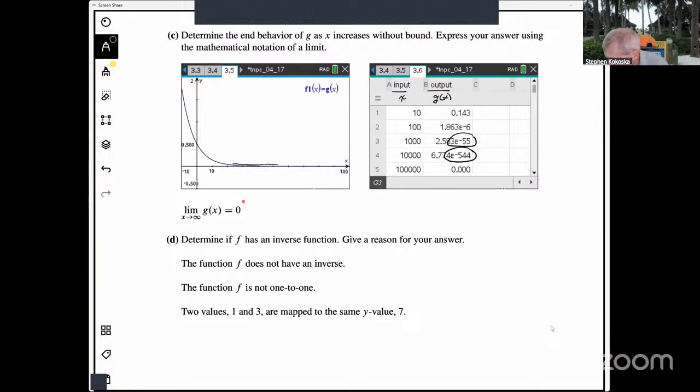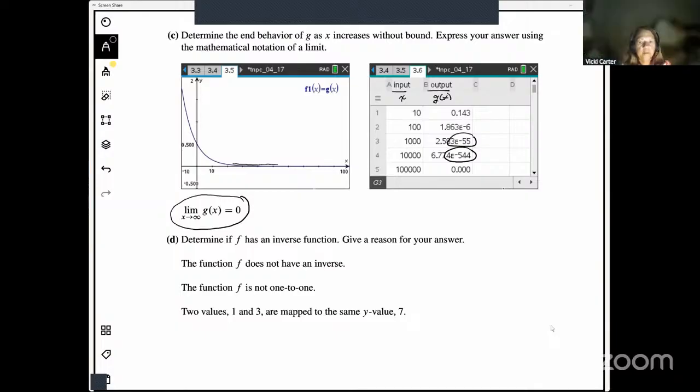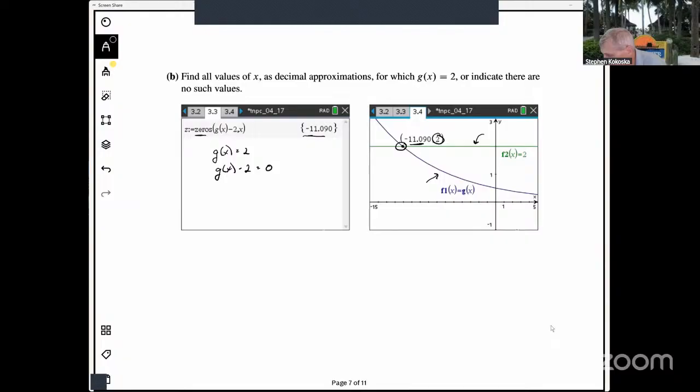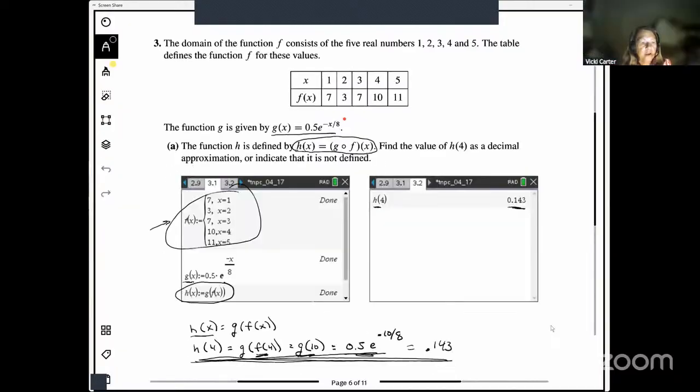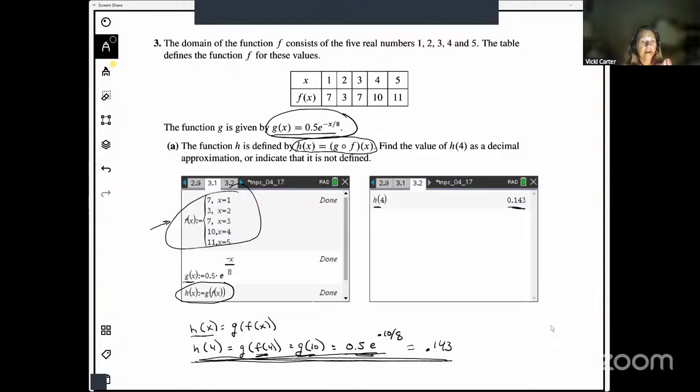And Vicky, students do indeed have to be able to write end behavior with a limit statement that looks something like that. Yes, and if you will scroll up just a little bit to show us the function again, just as a reminder. Sure. I hate making you go back and forth, but I think this is important. Students should be very aware of the behavior of that function as x approaches either positive or negative infinity.